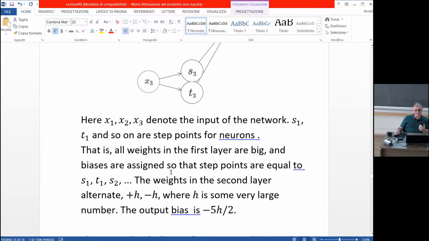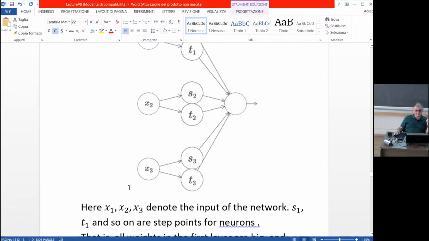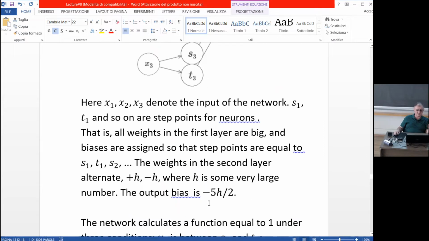And biases are assigned so that step points are equal to S1, T1, S2, T2, and so on, since we have 3 towers. The weights in the second layer alternate plus minus h, because we should jump and then return, where h is some very large number. The output bias is minus 5h divided by 2 for a 3-dimensional argument of our function.